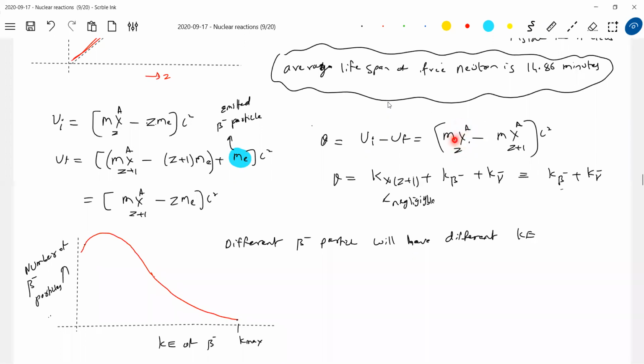It is the mass of the parent atom, and the mass of the daughter atom formed. I wrote atom, and subtracting the electrons, that becomes the nucleus, no? So this is how we interpret it here.